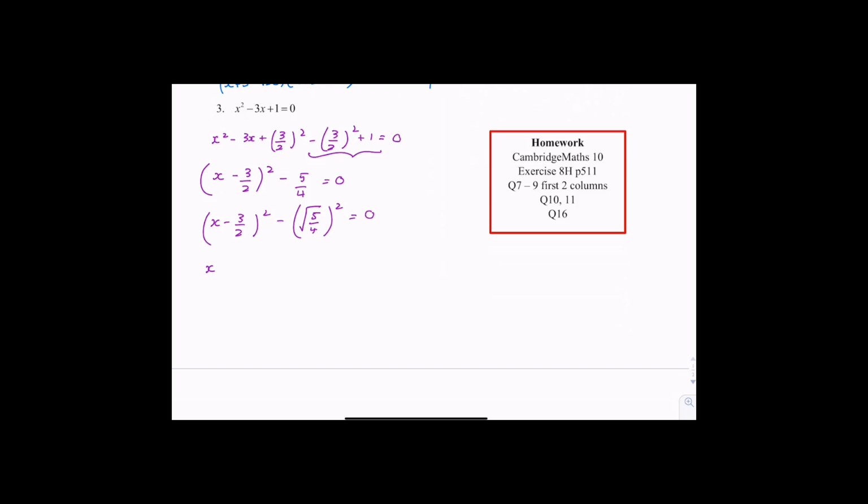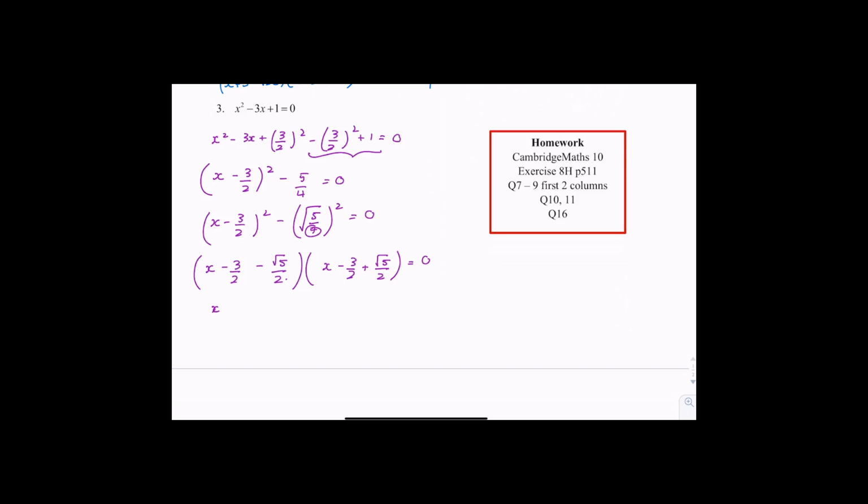So now I'm going to say x minus 3 over 2 minus, and this becomes root 5 over 2. And then I've got x minus 3 over 2 plus the square root of 5 over 2 equals 0. Because remembering the square root of 4 becomes 2. So now I'm ready to solve this.